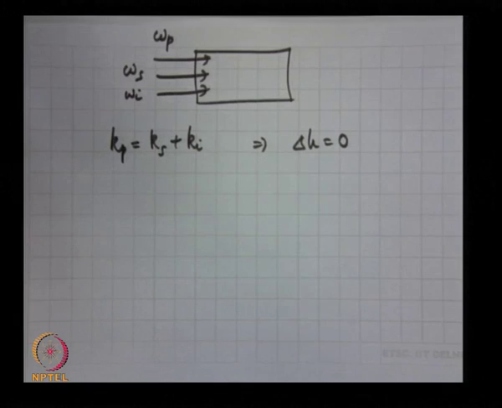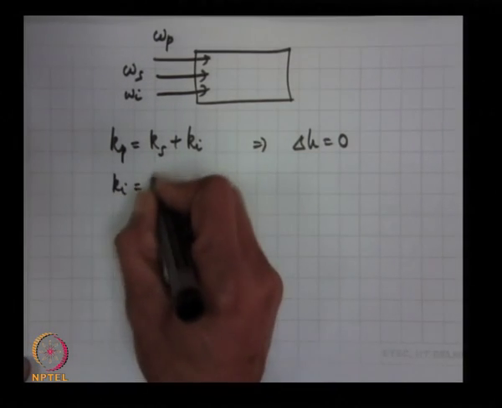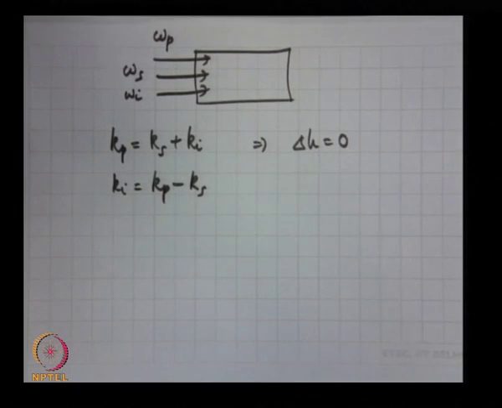This is the phase matching condition for either sum frequency from omega s and omega I to omega p, or difference frequency from omega p and omega s to omega I, because that will be Ki is equal to Kp minus Ks. This is the same condition.